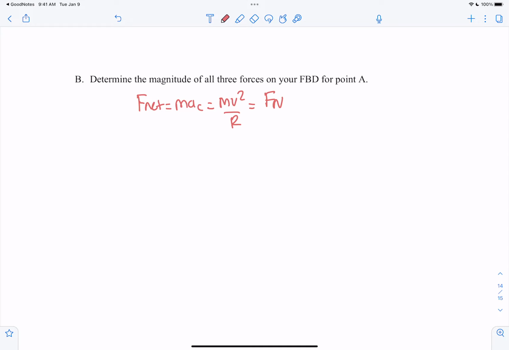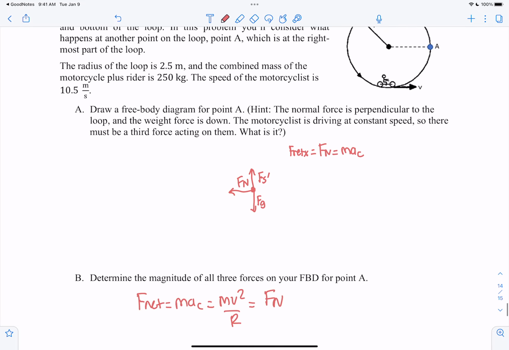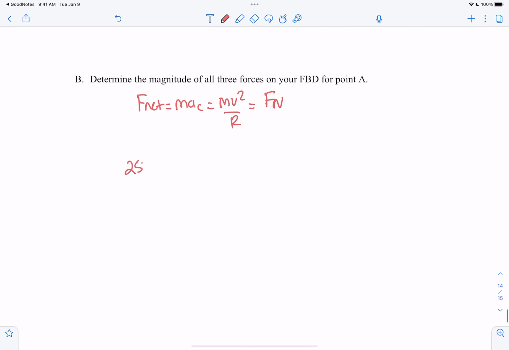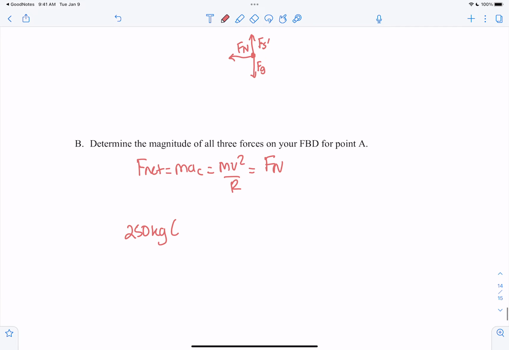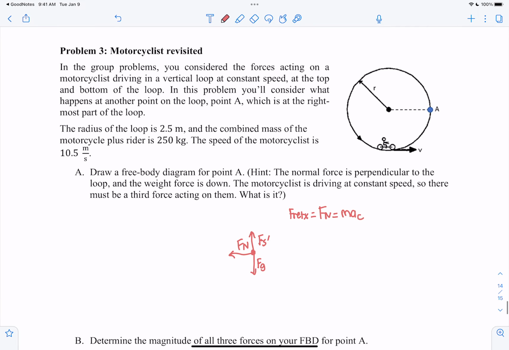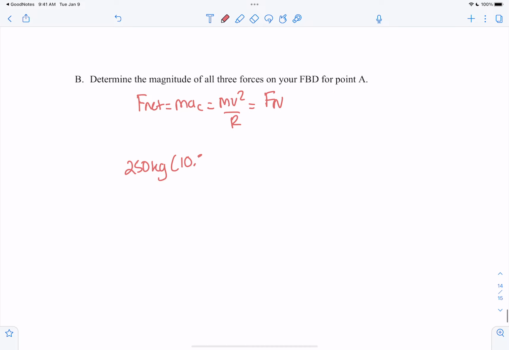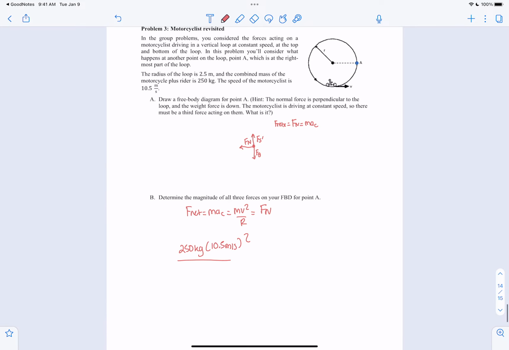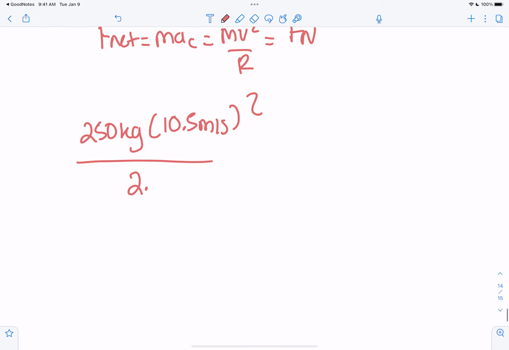We have the mass from earlier, which is 250 kilograms, times the speed, which was 10.5 meters per second, squared, and then divided by the radius of curvature, which was 2.5 meters. That gives us our normal force, and that should be around 11,025 newtons, my bad.